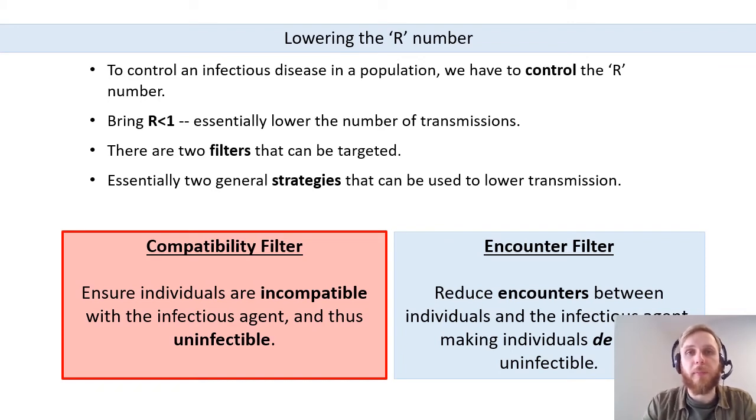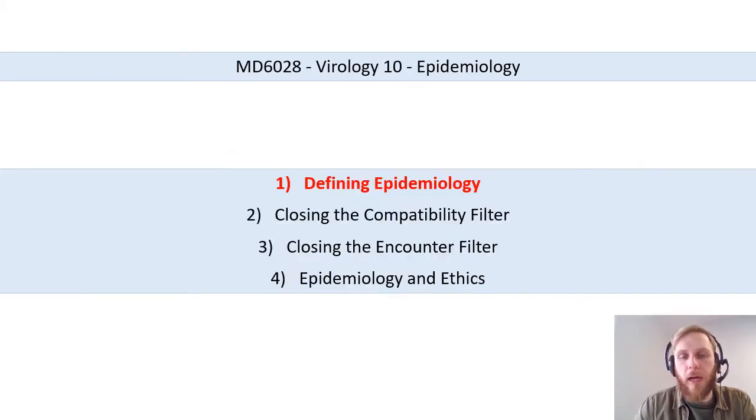So firstly, the compatibility filter. So again, whether it's a virus or a bacteria or a fungi, an infectious agent can only establish infection in an individual if that individual is compatible. So now we want to consider how we can actually put this into practice.